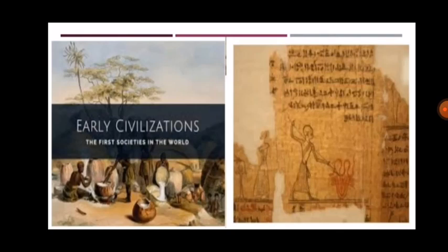These civilizations came into existence in roughly the same period, that is around 3000 BC, in 4 regions of the world. So these civilizations developed in the 4 regions.